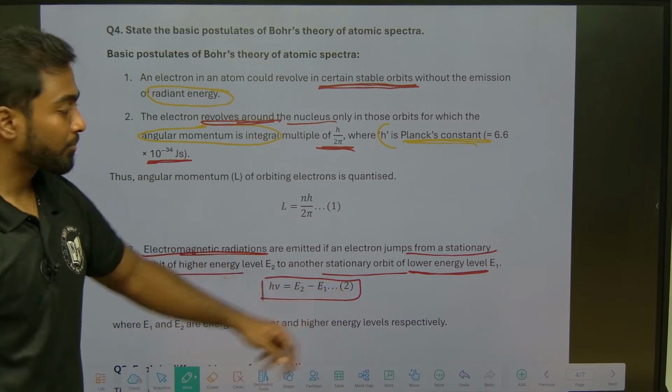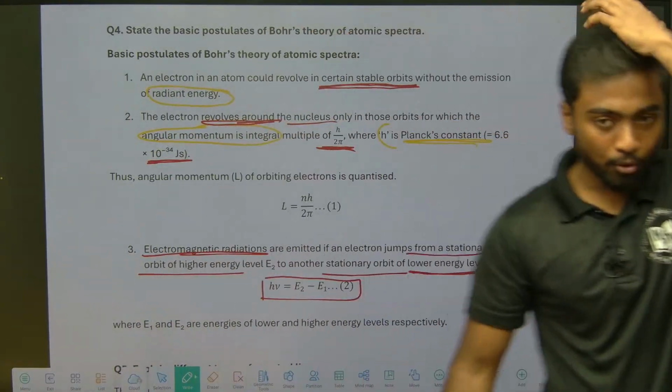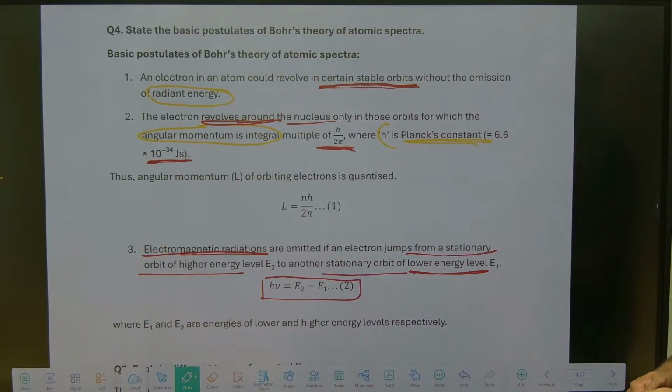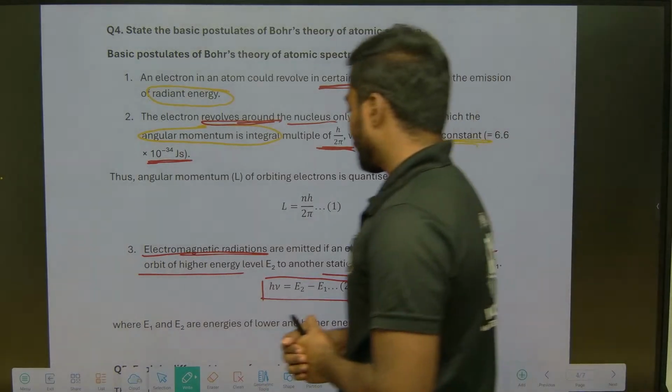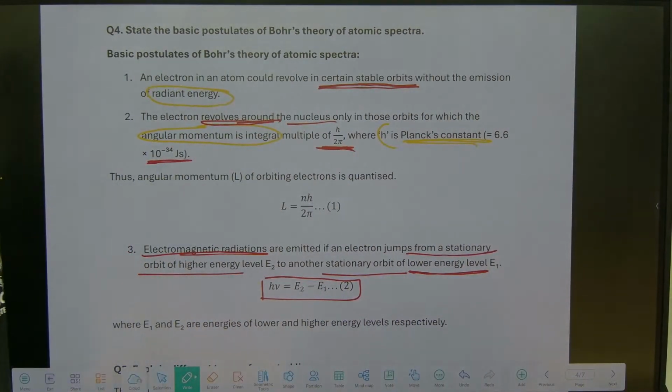Okay, these are the 3 points about Bohr's postulates. Once completed, we can go for the next question.